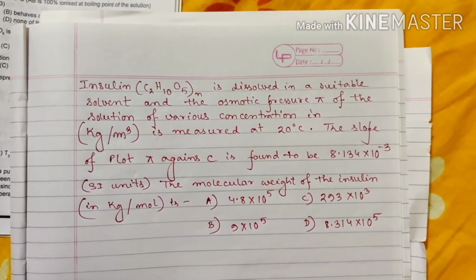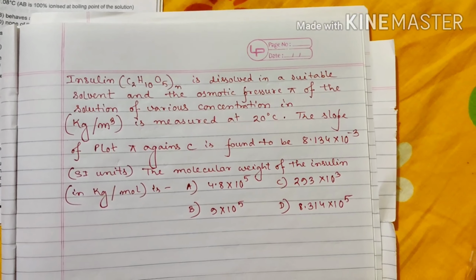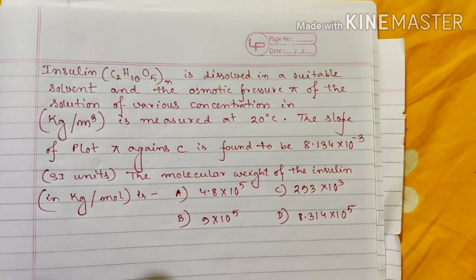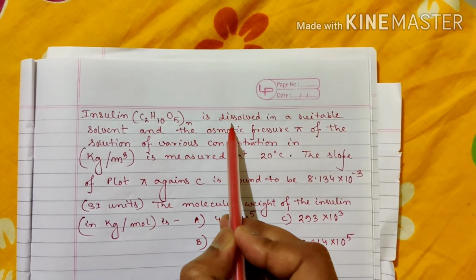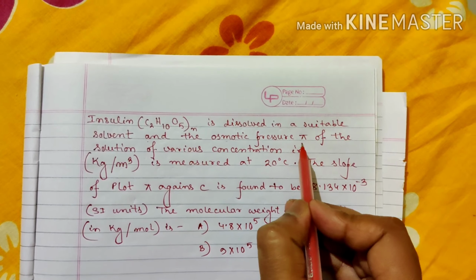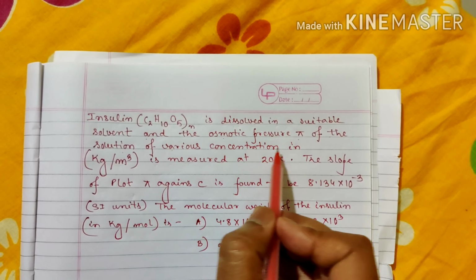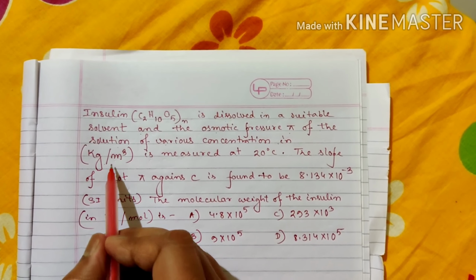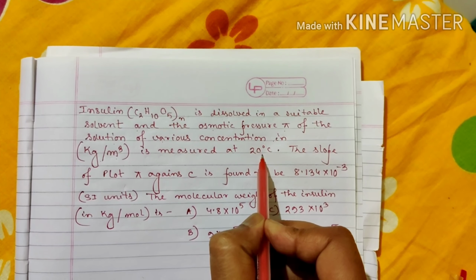The second question for today is like this. Insulin, which has the molecular formula C2H10O5 whole n, is dissolved in a suitable solvent, and the osmotic pressure pi of the solution is measured at various concentrations in kg per meter cube at 20 degrees Celsius.